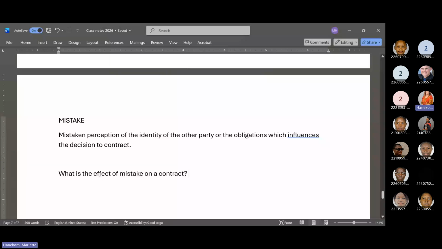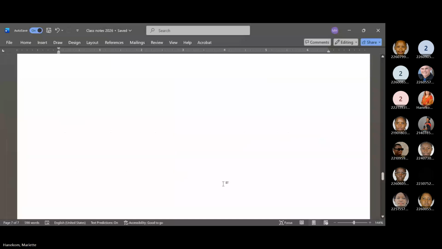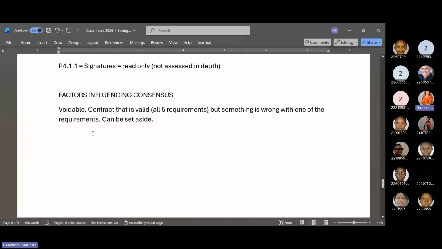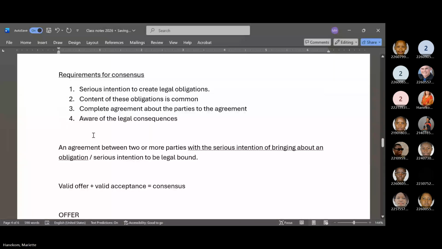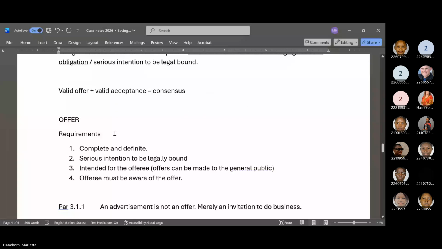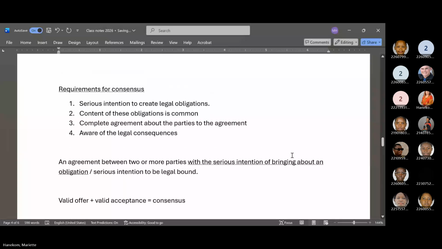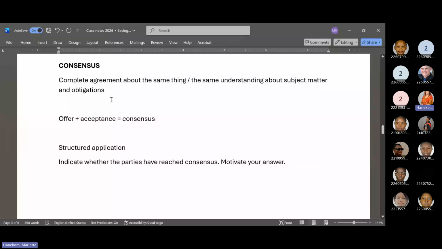In order for there to be a contract, there must be consensus. So what is consensus? Consensus is a complete agreement, a complete agreement about the same thing.